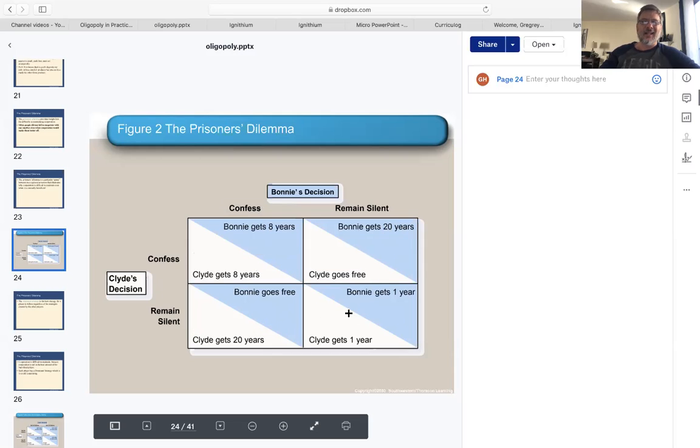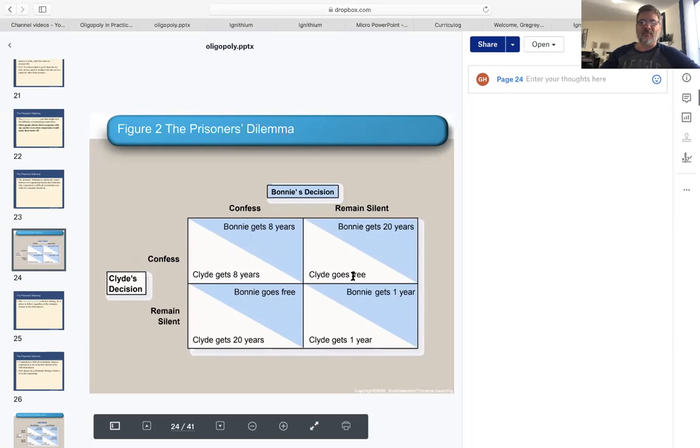Well, again, in both of these cases, whether she chooses to remain silent or she chooses to confess, going free is better than doing 1 year, and doing 8 years is better than doing 20. So Clyde has a clear action, confess, that gives him a better payoff in both situations, regardless of what Bonnie chooses.